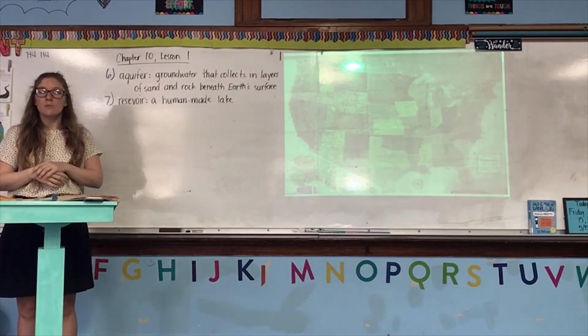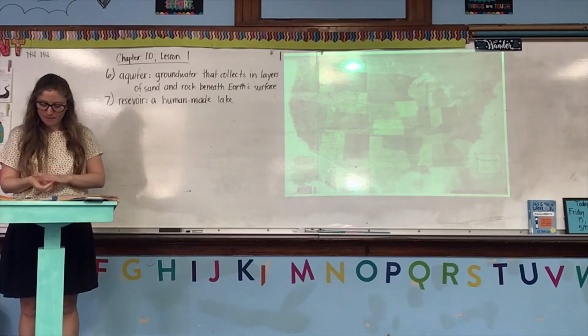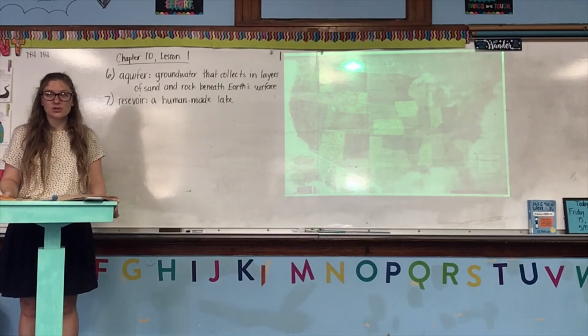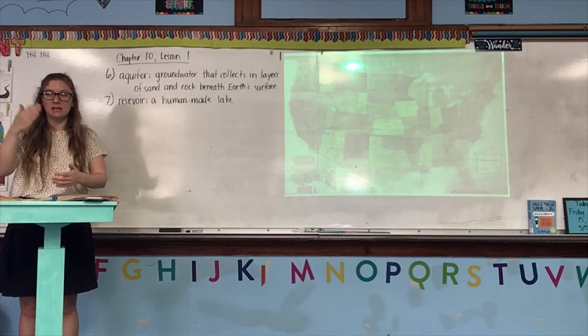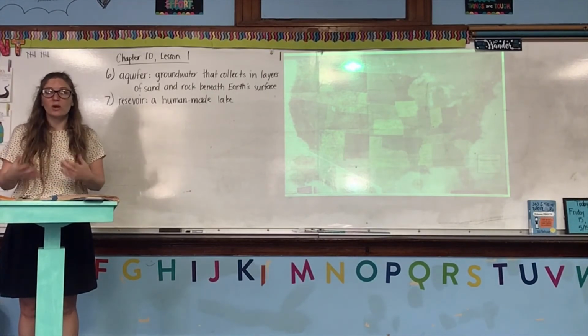Not always, but you'll usually find reservoirs at the top of a dam. Water from the reservoir is released downstream as it is needed. So that's the purpose of the dam. The dam can let more or less water out of the reservoir when it's needed.